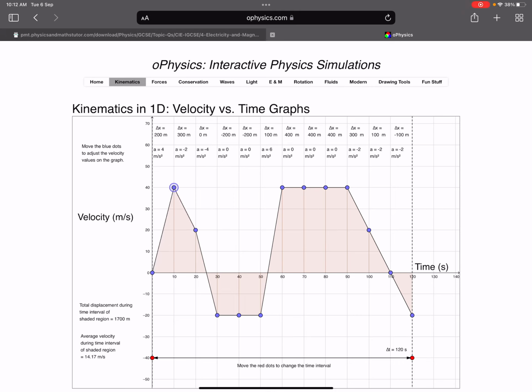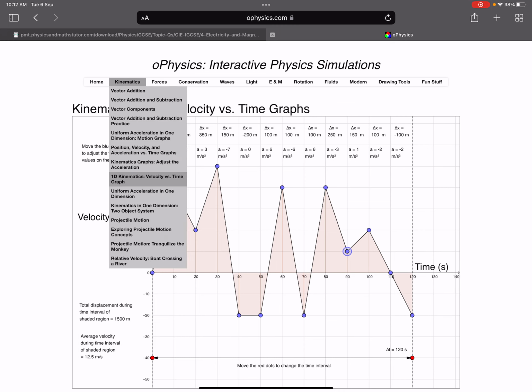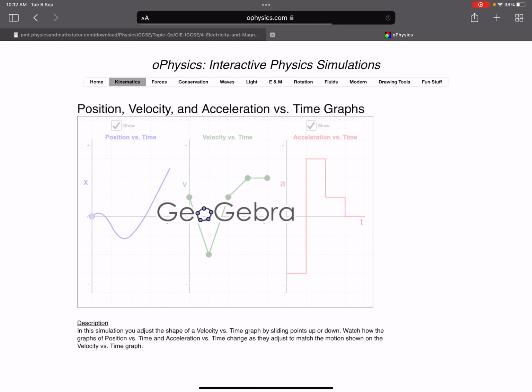If you change the value over here, then you will see that the value of the displacement is different, and here you have the situation of the displacement and acceleration again. So by easily changing the positions of these points, you can see what is happening in one case or the other. I just want to show you another graph which is basically showing the graph we have just discussed.